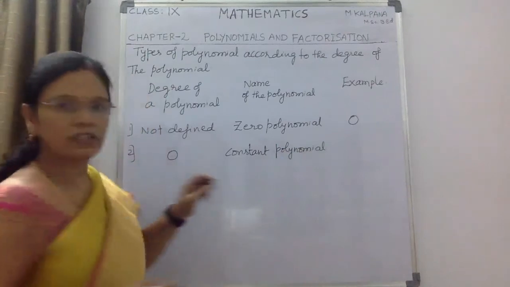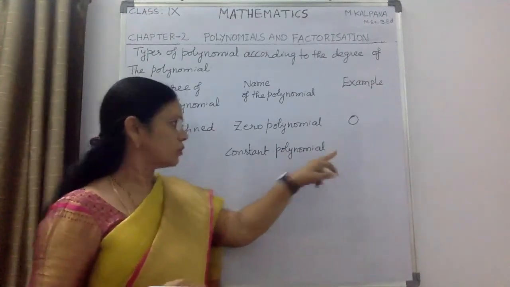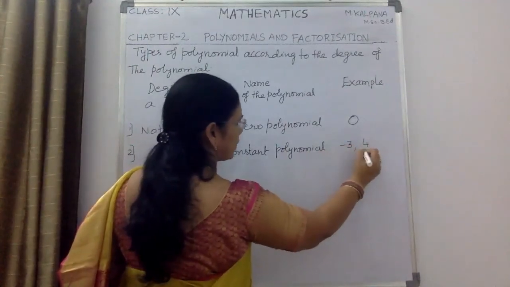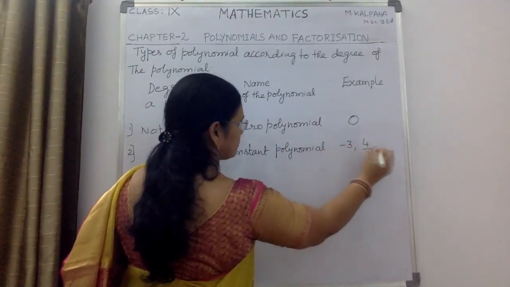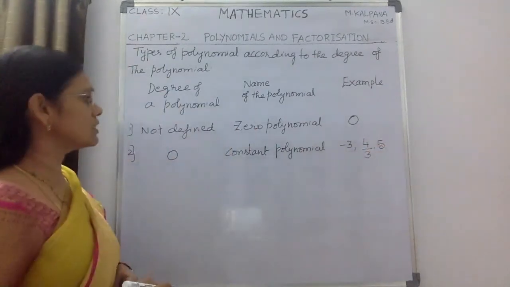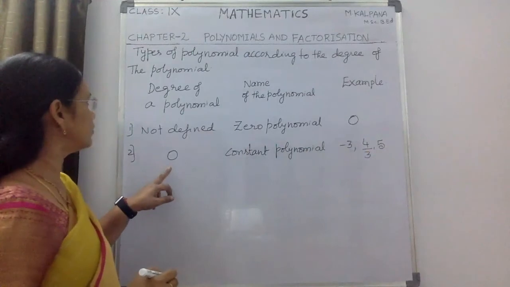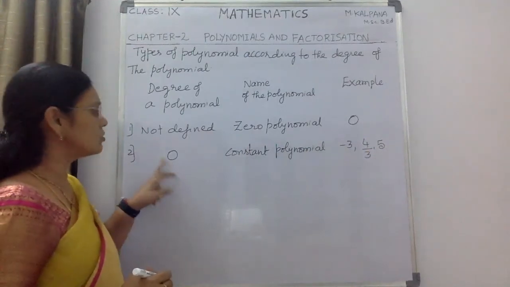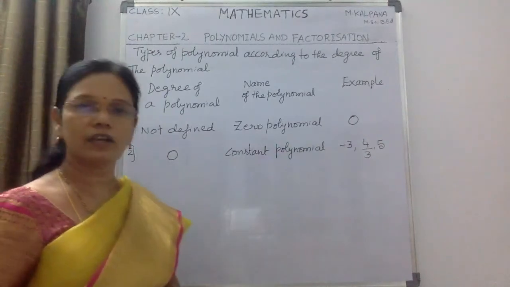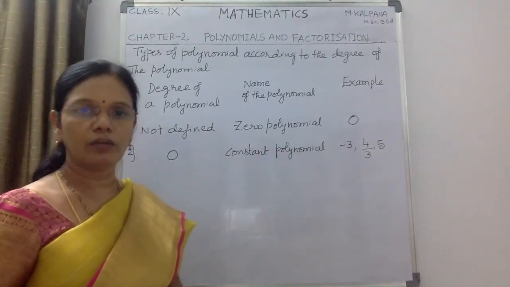Can you give some examples, children? Any constant. -3, 4/3, 5. Any constant can be written with degree 0. So all these are known as constant polynomials.